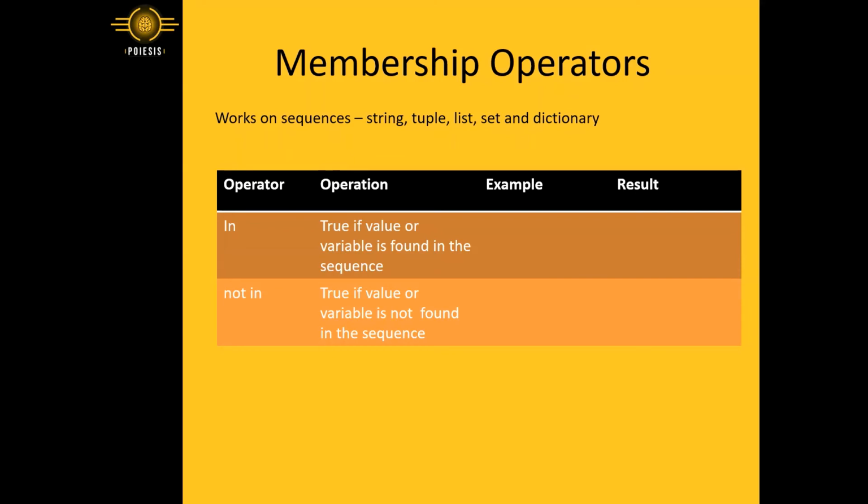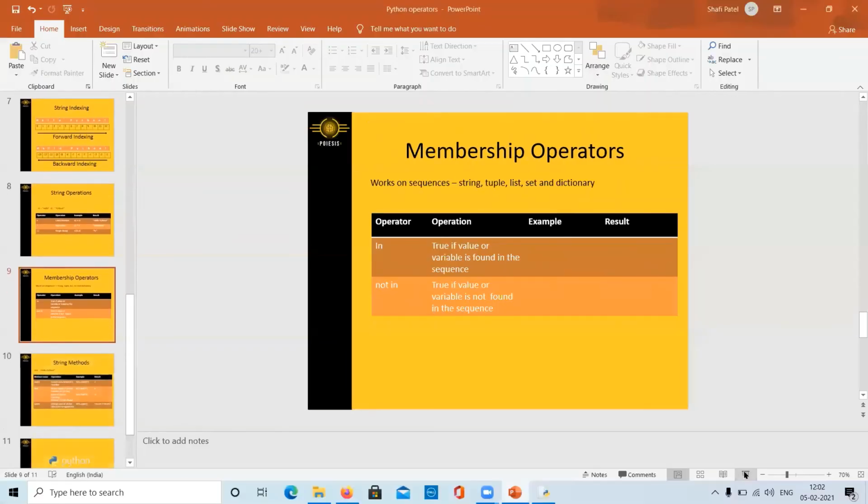So let us run this operation on strings. The in operator performs a membership check and returns true if a value, variable, or substring is found in the given sequence. Not in returns true if the value or variable is not found in the sequence.